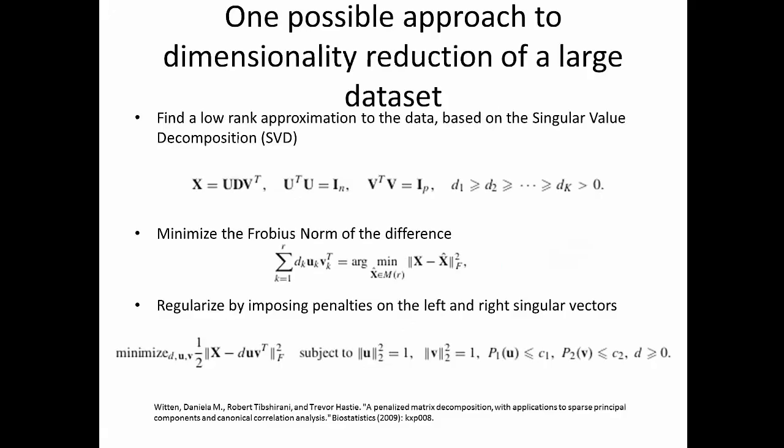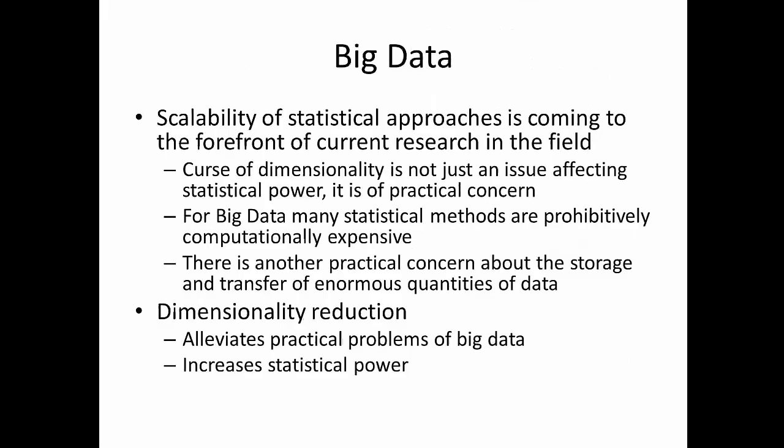So why am I talking about this? These issues are starting to become more important, especially with the development of big data. What we're finding is that the scalability of statistical approaches is becoming extremely important, because as data becomes extremely large, traditional statistical methods are prohibitively slow and computationally expensive.